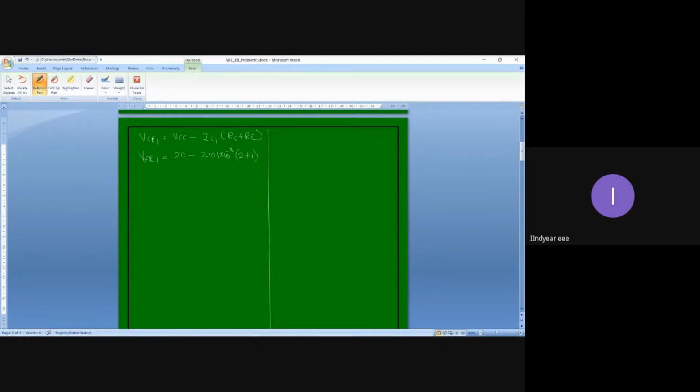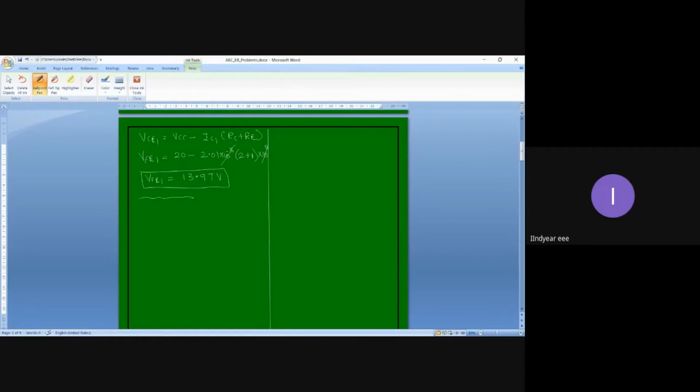The unit is kilo ohm, so 10 to the power 3. Let me keep it outside the bracket, so milli and kilo get cancelled. So VCE1 is going to be 13.97 volts. Is it correct? Yes. So that is your VCE1.